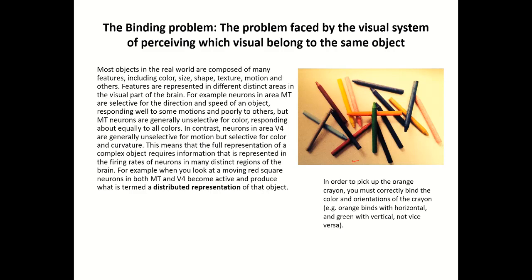If you are asked about the orange crayon, then you have to use those brain areas. You don't do that consciously, but those brain areas are used to detect the orientation, the shape, the color, the location, right, which is a function of the dorsal stream, parietal.